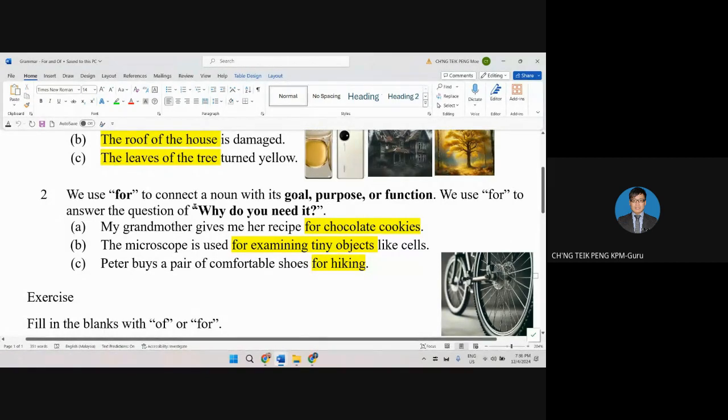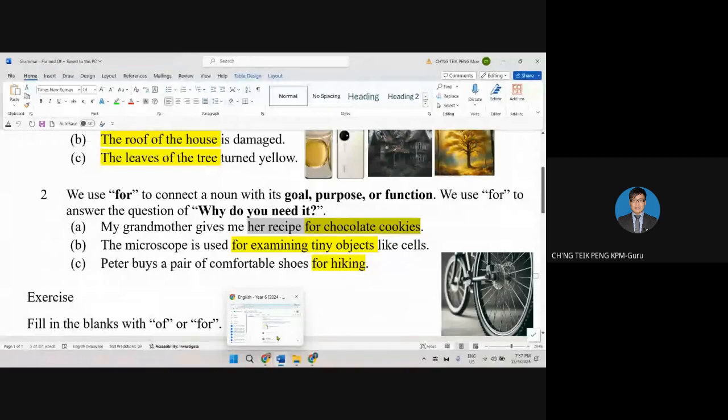So look at A. My grandmother gave me her recipe, and maybe you can think, why do you need the recipe? Her recipe for chocolate cookies. So why do we use for here? Because you are talking about the purpose of the recipe, right? The purpose of that recipe is to teach people to make chocolate cookies. Maybe you will ask, teacher, if I say her recipe of chocolate cookies, is that okay?